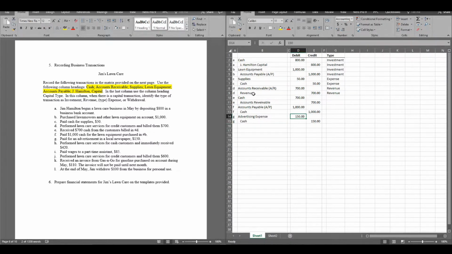Same reason why our revenue here was a credit, because a credit increases the capital account. Revenue also increases the capital account, so in order to increase revenue, we also need a credit. So they have a direct relationship, revenue and capital, whereas expenses have an inverse relationship with capital.